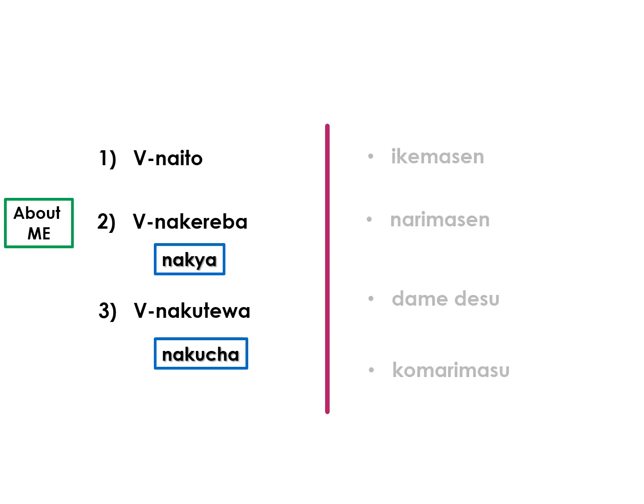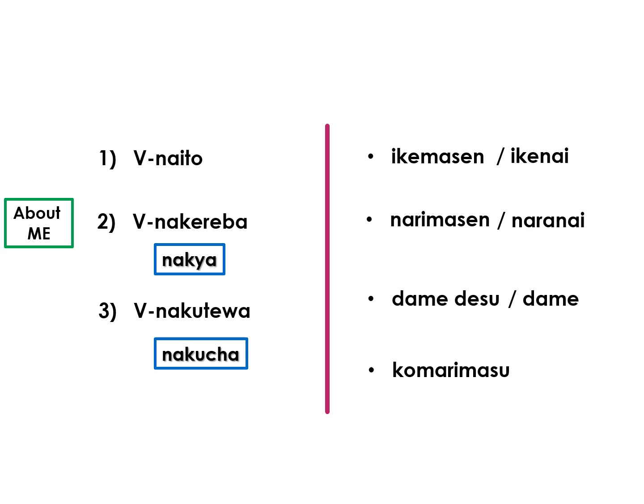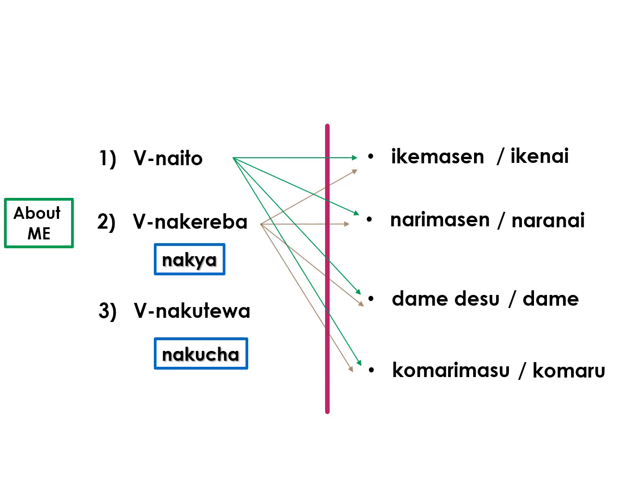And here are the four for part 2. Plain form of ikemasen is ikenai. That of narimasen is naranai. Dame desu is dame. And komarimasu is komaru. That's the dictionary form. Naito can pair with either of these four, and so with nakereba and nakya, as well as nakutewa and nakcha.